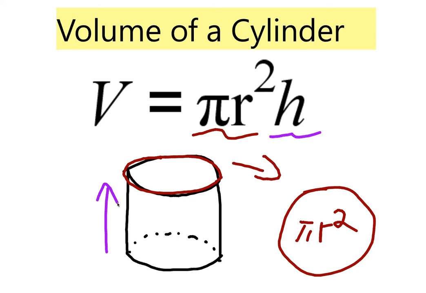So just imagine taking the bottom and raising it up all the way to the top. That's what pi r squared times h means. Pi r squared times h. All right, so let's do an example.